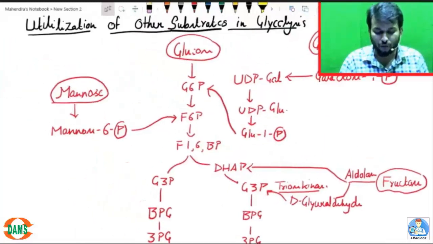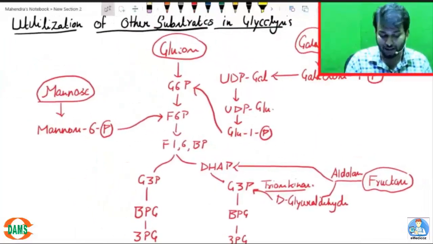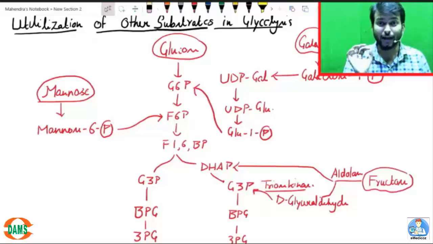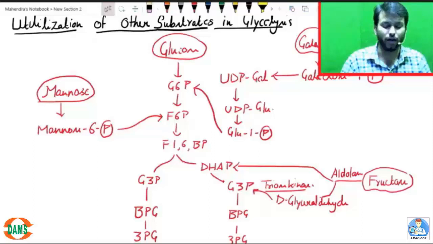So now we know how these three molecules, mannose, galactose and fructose, can enter into the glycolytic pathway.